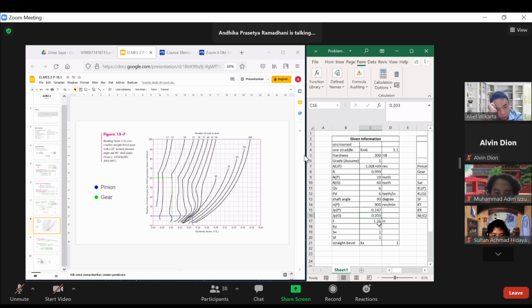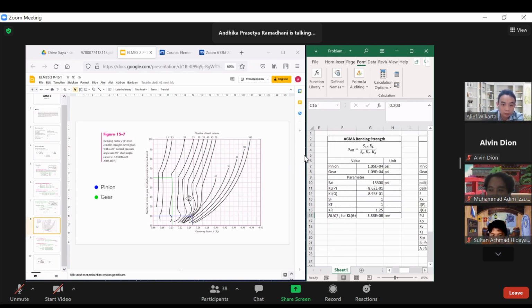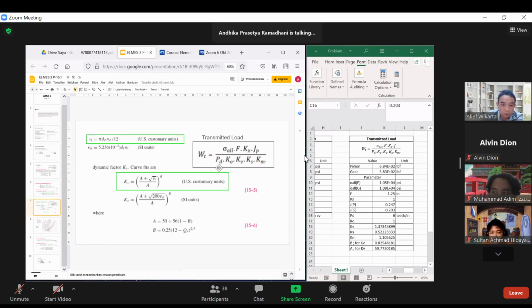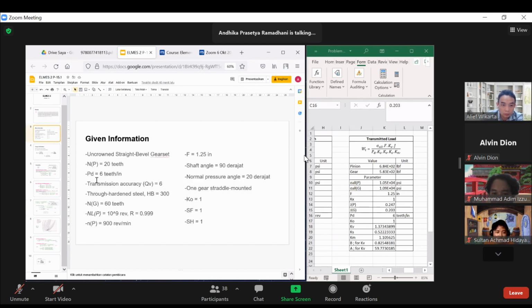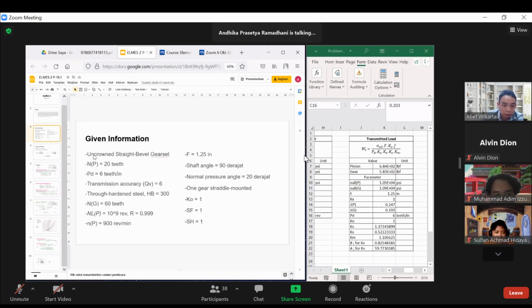In here I assume that 0.203. Okay, so G is done, and the diametral pitch we already know. The diametral pitch is 6 teeth per inch. KO we already know is 1.